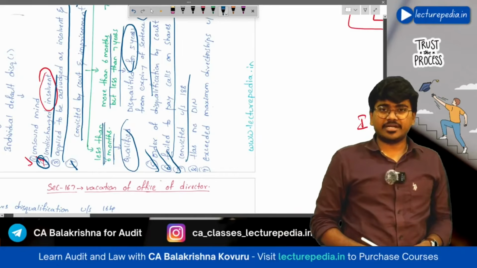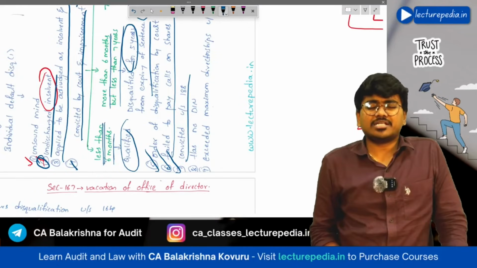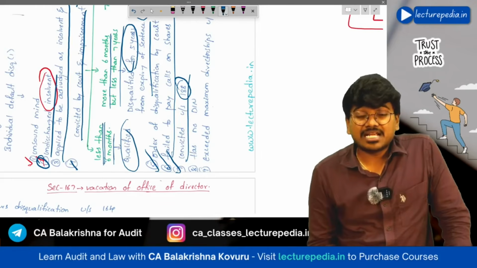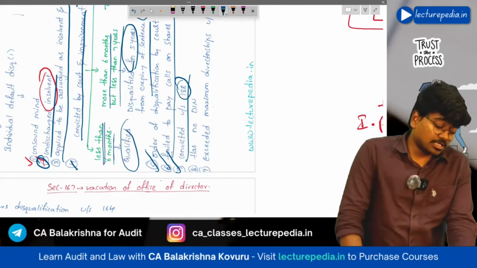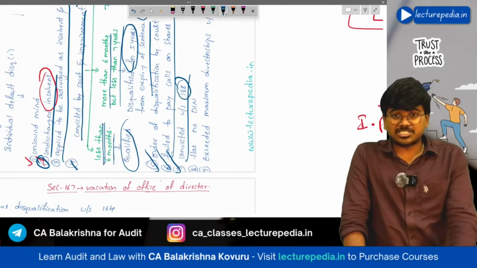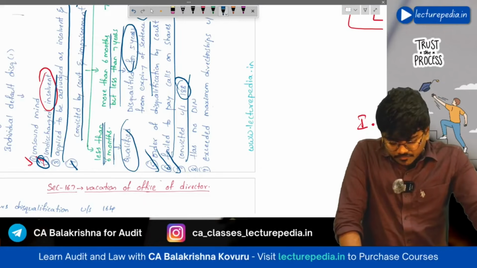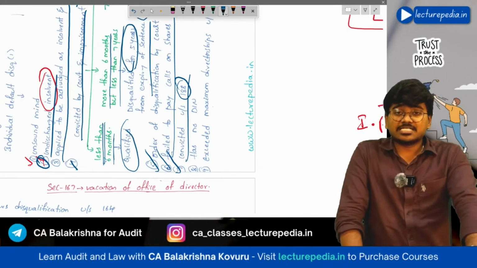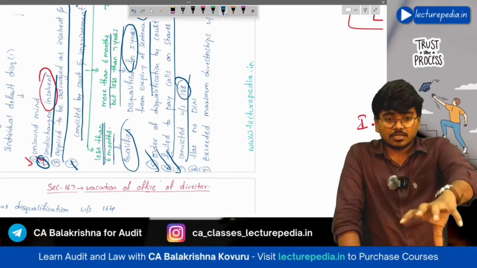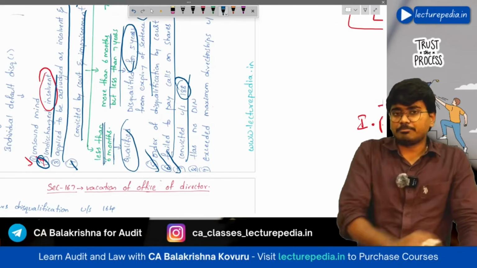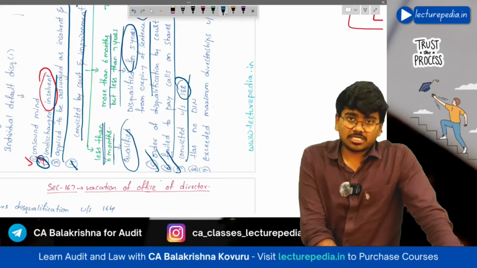What is section 188? We will be discussing section number 188 in the third chapter. Basically it deals with related party transactions. There are certain disclosures that have to be made, and if the director doesn't follow section number 188, that is related party terms and conditions, there are certain penalties that will be imposed on the director.